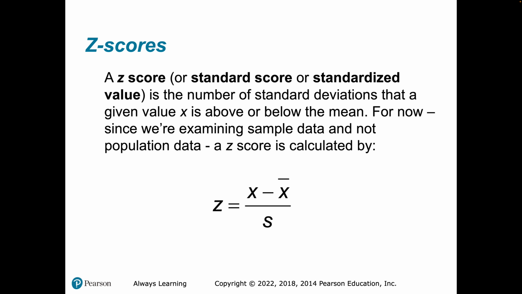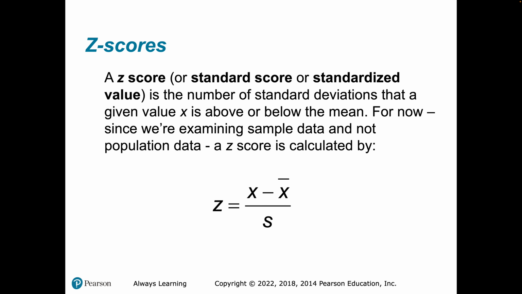So the standard z-score formula is just to take the x, so x just stands for the score from the distribution. X bar, of course, is the mean, and of course, s is the standard deviation.